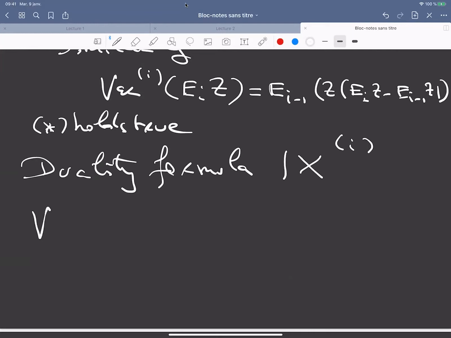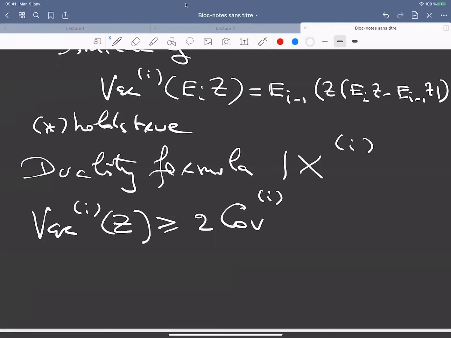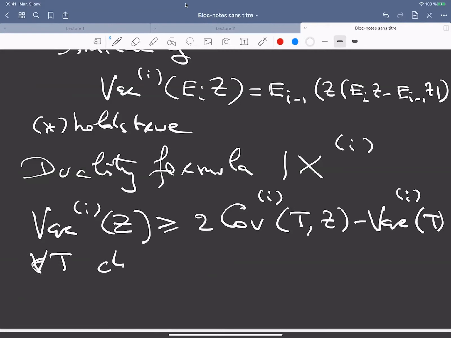And so we know that the conditional variance is always larger than 2 times the covariance TZ minus variance of T for all T. And you choose T equal to the conditional expectation of Z conditionally to x1, xi.